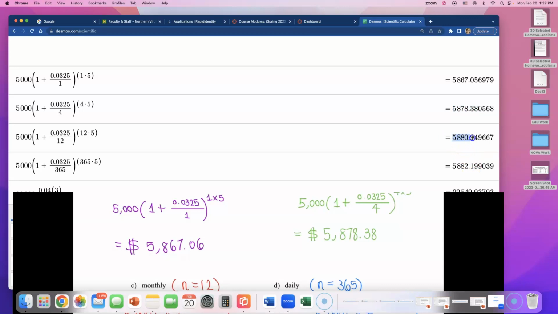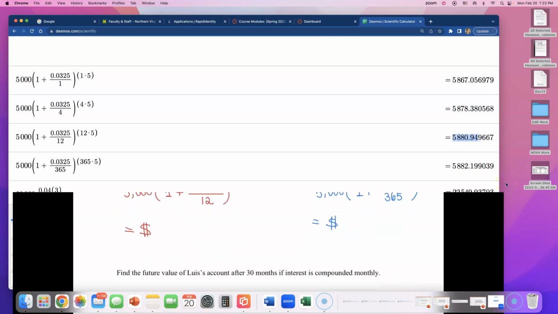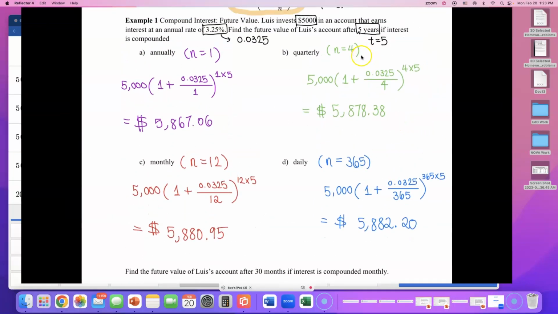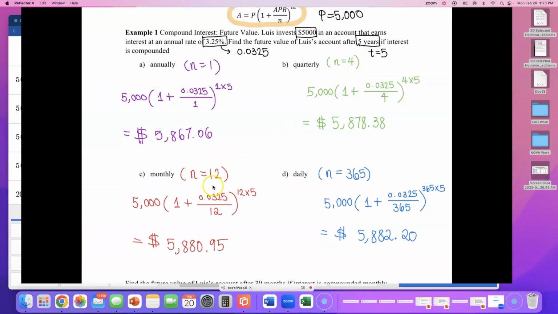So the next answer, that's going to be for 12 months, and that's a little more than quarterly compounding, right? $5,880, and I'm going to have to round that up to 95 cents. And the last answer is going to be this one. $5,882, and I'm going to have to give them 20 cents there, okay? But you can see, as n increases, as the number of compounding periods per year increases, the ending balance is getting bigger and bigger and bigger, right?